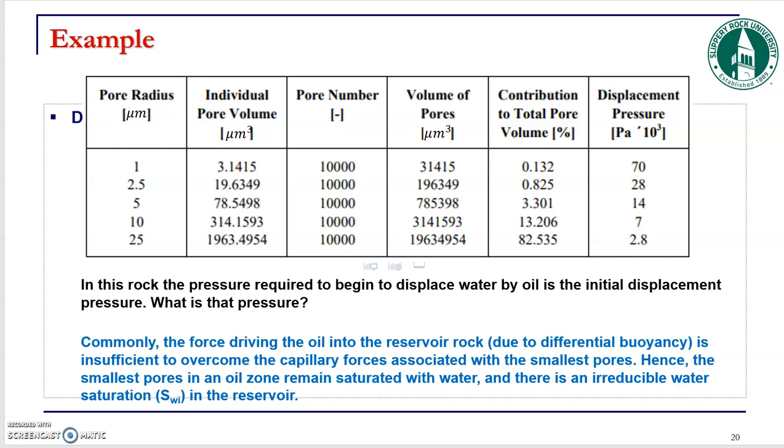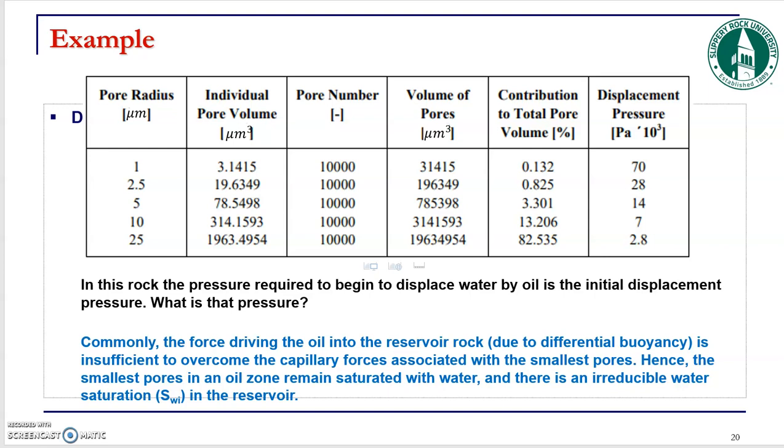You see a table here, and in this table the first column tells you the pore radiuses. So you have a core sample and you analyzed the pores inside this core, and you realize that the pores inside your core are 1 micrometer, 2.5 micrometer, 5, 10 and 25 micrometer. So these are the pore radiuses or pore sizes that you have.